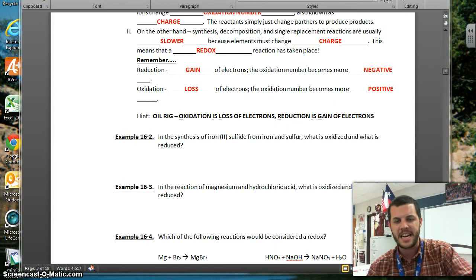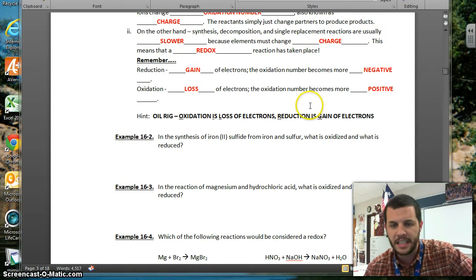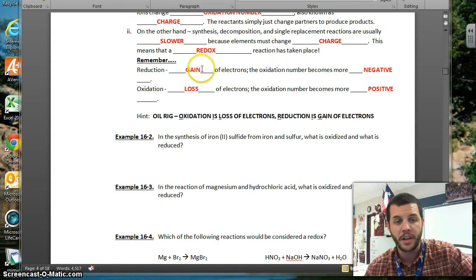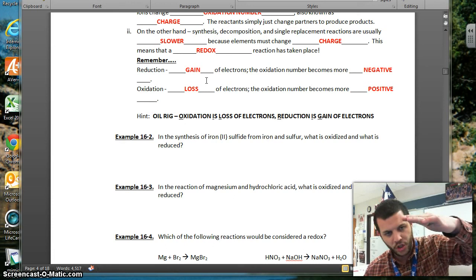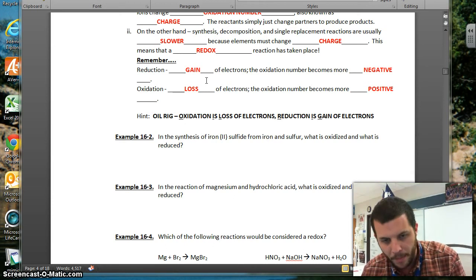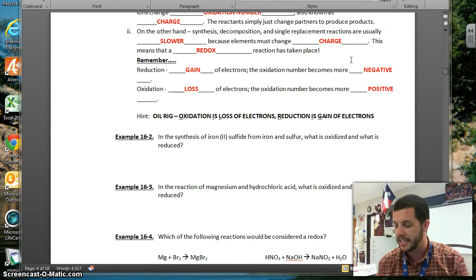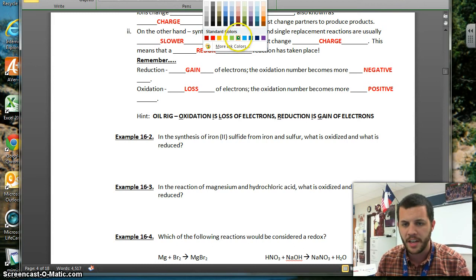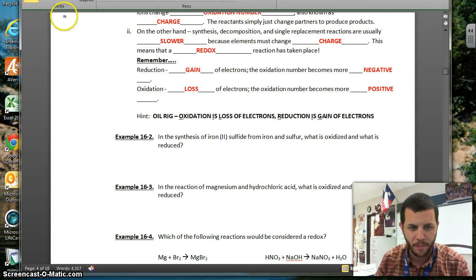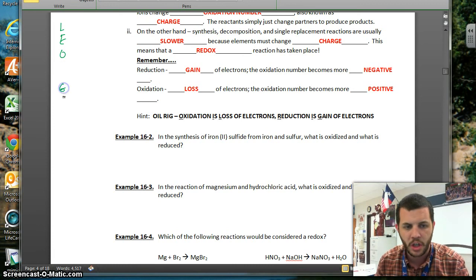Remember that the gain of electrons is called reduction. Oh, what? Gain? We gain to reduce? We're reducing the charge. The charge is going down. The charge is going to become more negative, and oxidation is the loss of electrons, and therefore our oxidation number is going to get larger. Remember the saying, Leo the lion says grr.